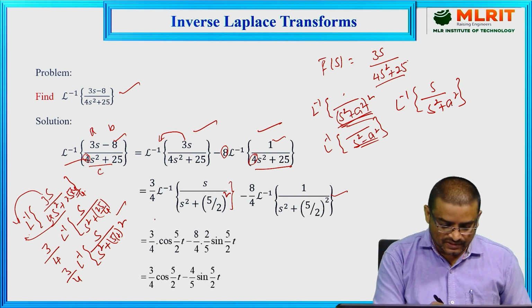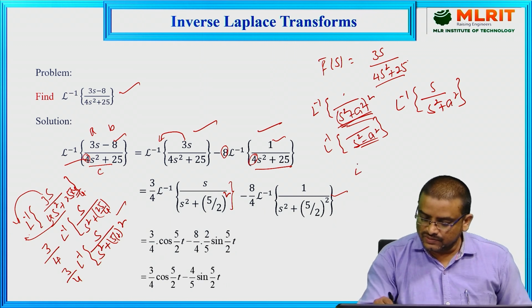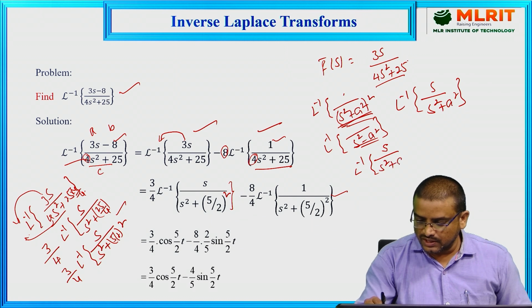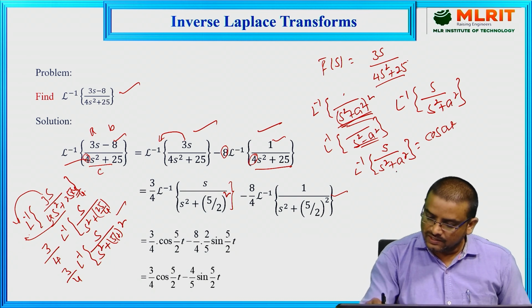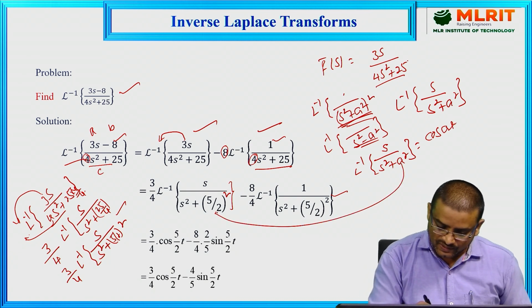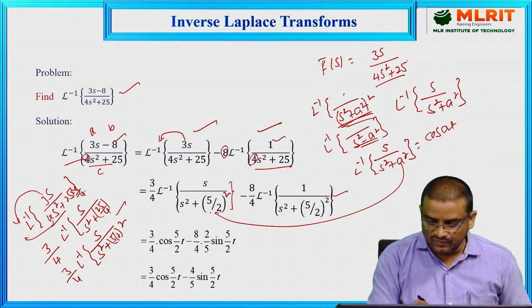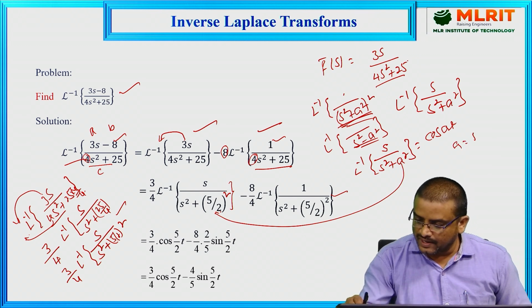Now simplify this. What is the formula for L inverse of s by s square plus a square? This is equal to cos at. What is the value of a here? You compare this with this, so in place of a here we have 5 by 2.